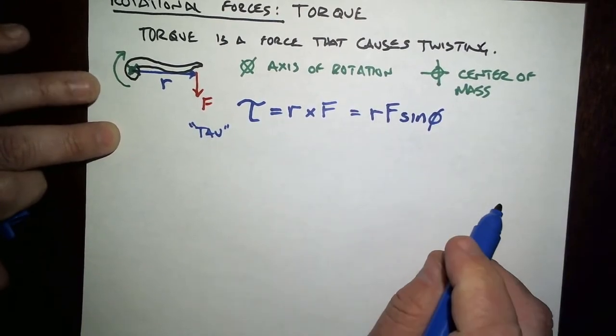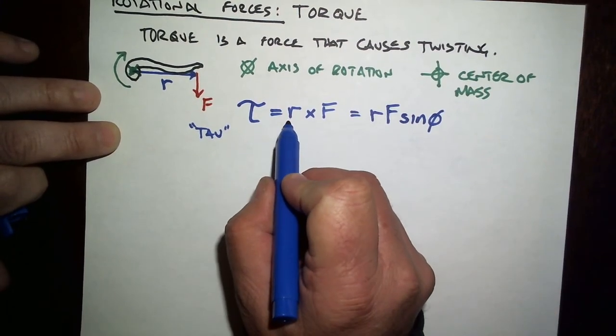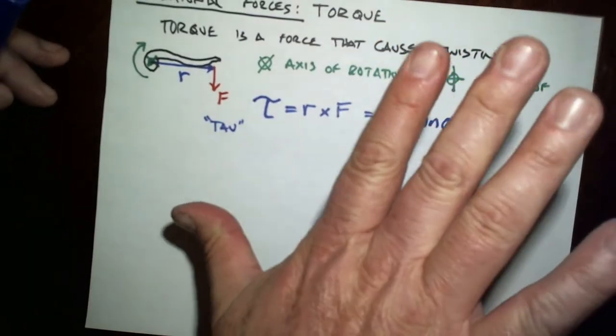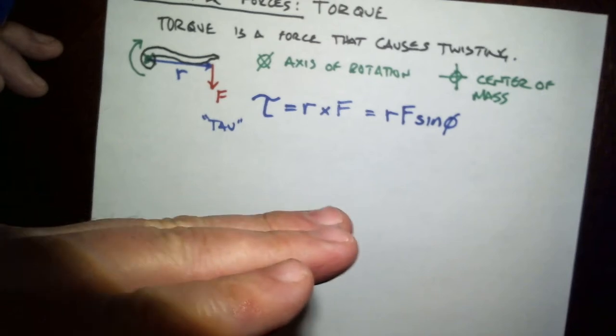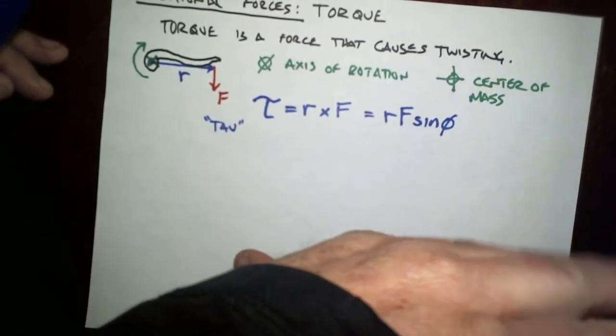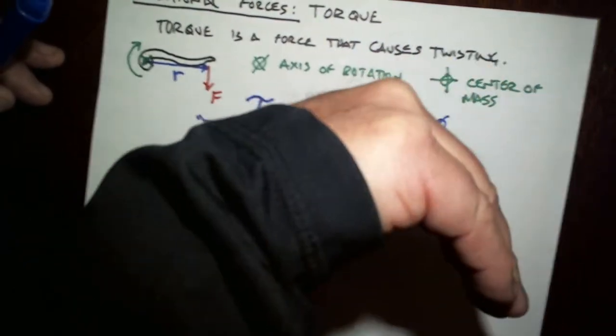The actual thing you have to do with this cross product is you have to move your hand from the R direction to the F direction. If you use your right hand and you move it from the R direction, see my fingers are pointed that way, and then I move them down to the F direction, you'll notice that my thumb is pointing into the page.